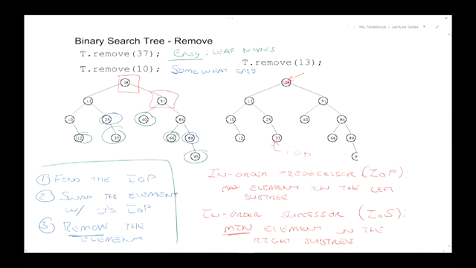Okay, I'm going to swap: 37 now goes here, 38 goes here, remove 38. Is this a binary search tree? Oh, that was too easy. Did we just find a 3-step algorithm that worked? Maybe.